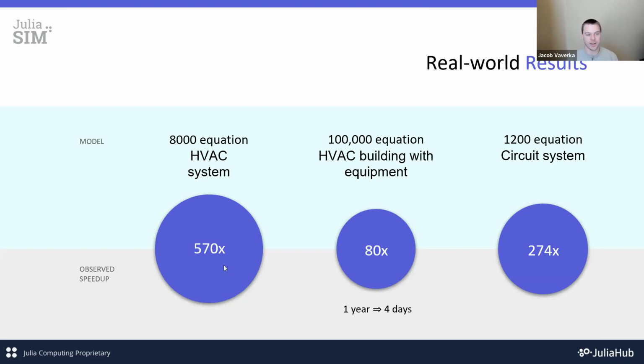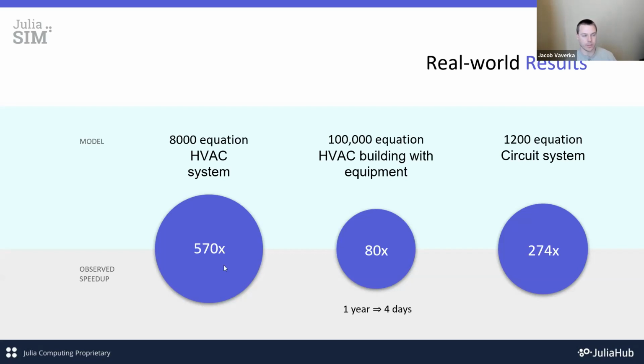But when you put that in the context of what's currently available with real time, so let's just say that you want to simulate a year. A year in simulation time is a year to compute, but we can knock that down to 4 days with an 80 times speed up. So something that an engineer might not have even thought about trying, it's just not feasible, suddenly is, right? And that is really the power of this technique, and why we're really excited about it.